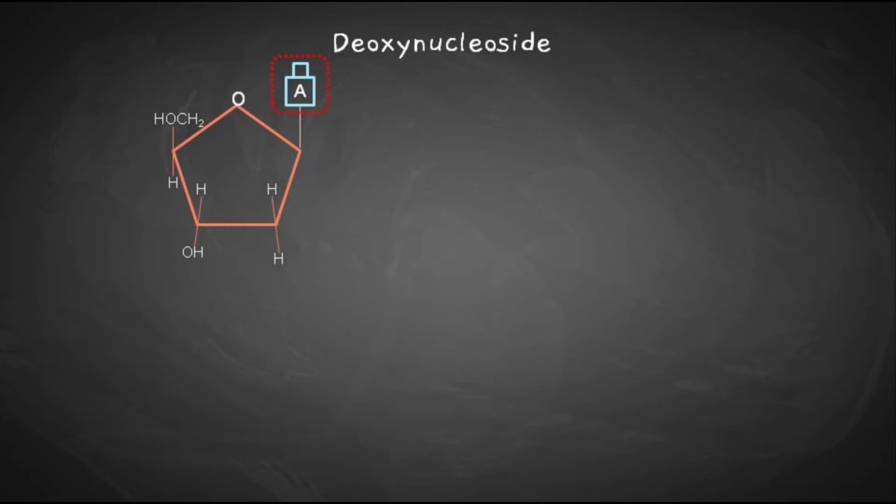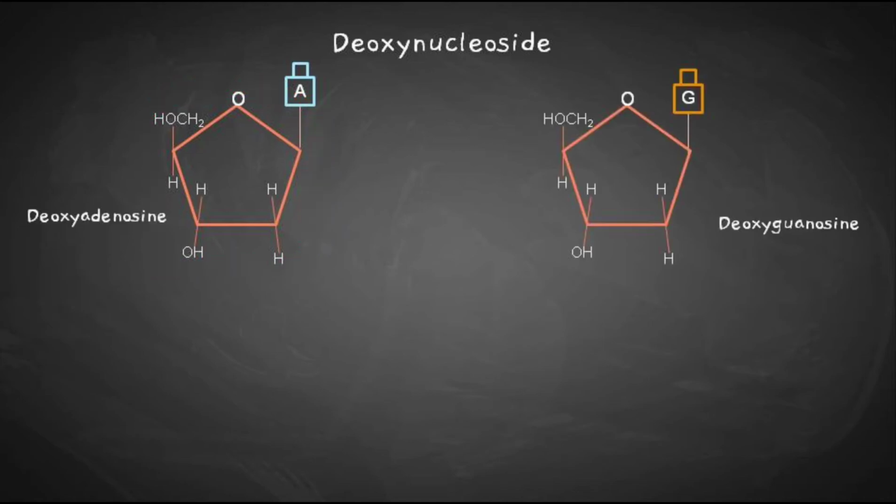If the nitrogenous base adenine is linked to deoxyribose, it is called deoxyadenosine. Similarly, if guanine is linked with deoxyribose sugar, it is called deoxyguanosine.